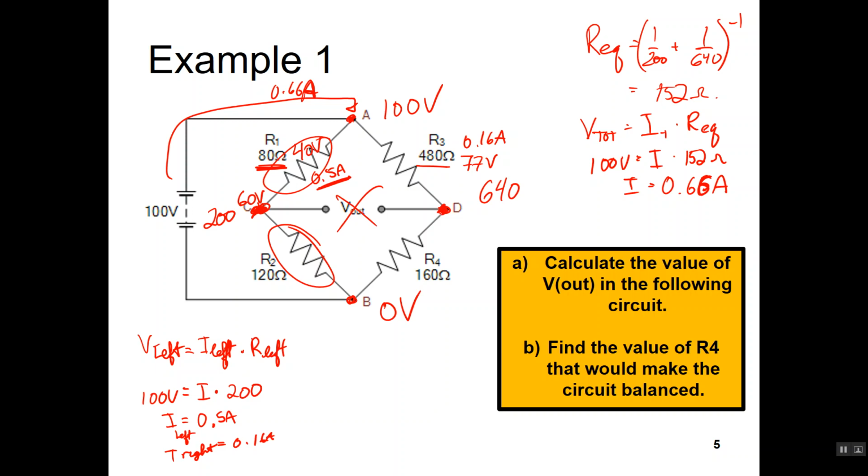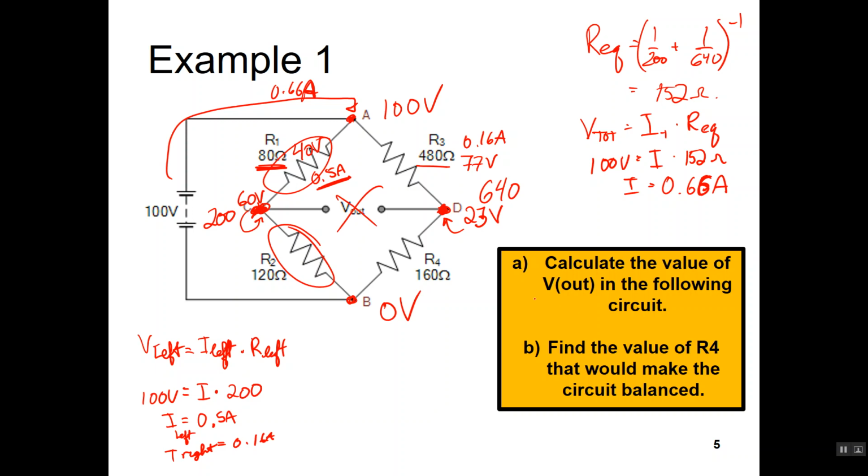Therefore, what's going to be my voltage at point D? 23 at point D and 60 at point C. So if I were to calculate the voltage difference between point C and D, what would be my answer? 37.